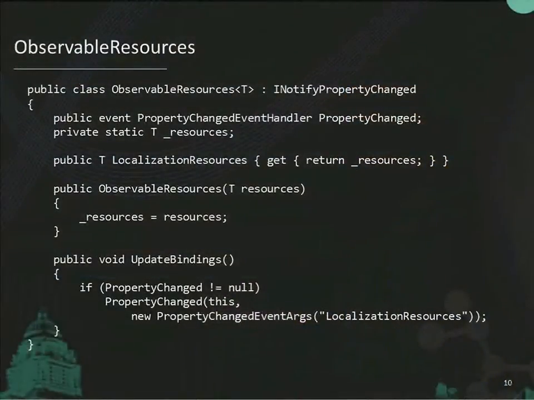But until you refresh that page or refresh the data bindings or something in it, the user will not see the effect of that change to the current thread. I'm going to use this little class named ObservableResources as a wrapper around the resource manager wrapper class that Visual Studio generates for me.